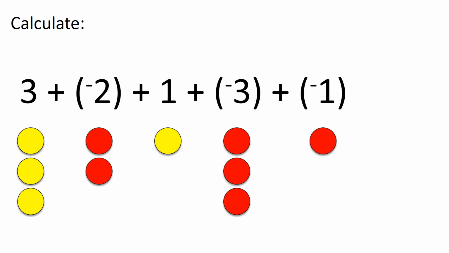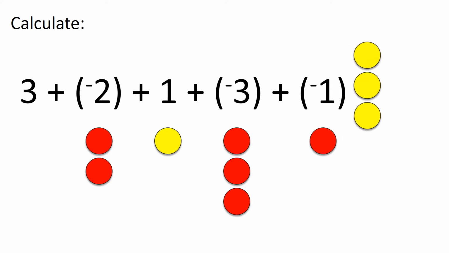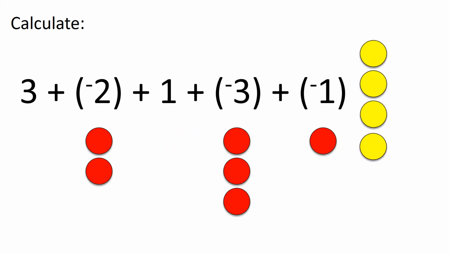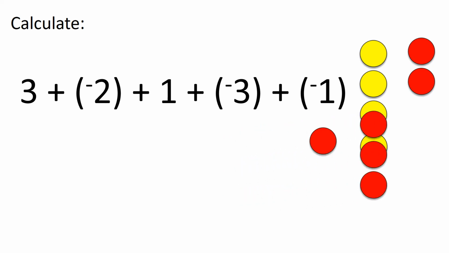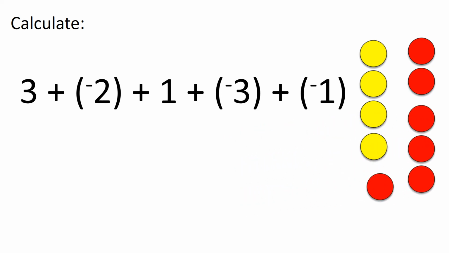But what we could present to the young people at this stage is this idea of grouping, collecting. Collect all of the positives together. We could collect all of the negatives together, because essentially we're just adding them all together anyway.